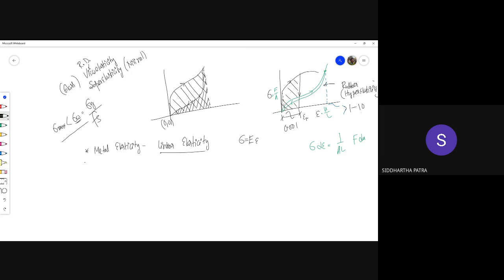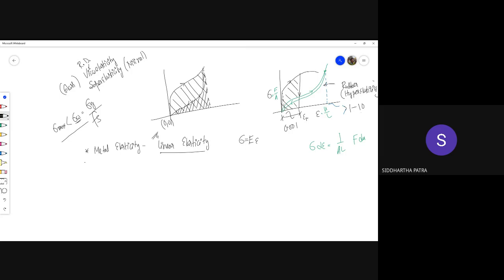That's not the only way, but if we look into this domain where we are desperately trying to keep our stress much below yield stress, it is okay to assume that metal is more or less linear elastic, which may not be exactly true. For most part of the metal deformation, metal is inelastic.